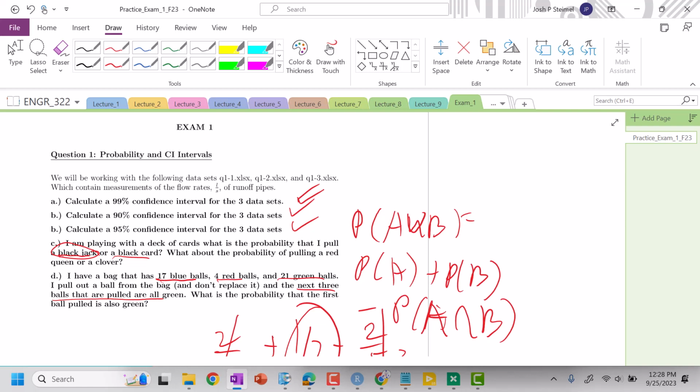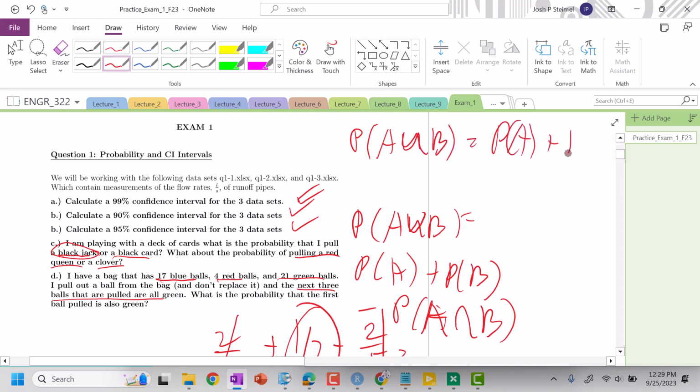What about the probability of pulling a red queen or a clover? This is not mutually exclusive, because the clover is a black card. So I can do the probability of A or B equals the probability of A plus the probability of B, because it's an OR.